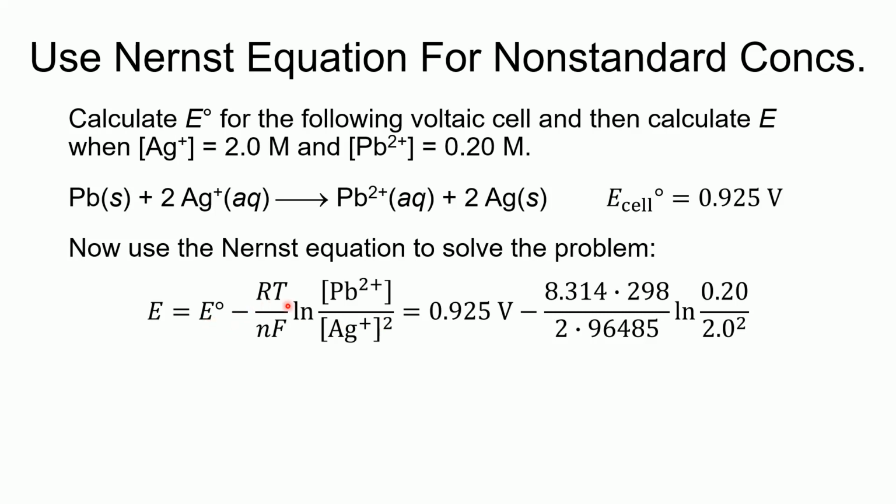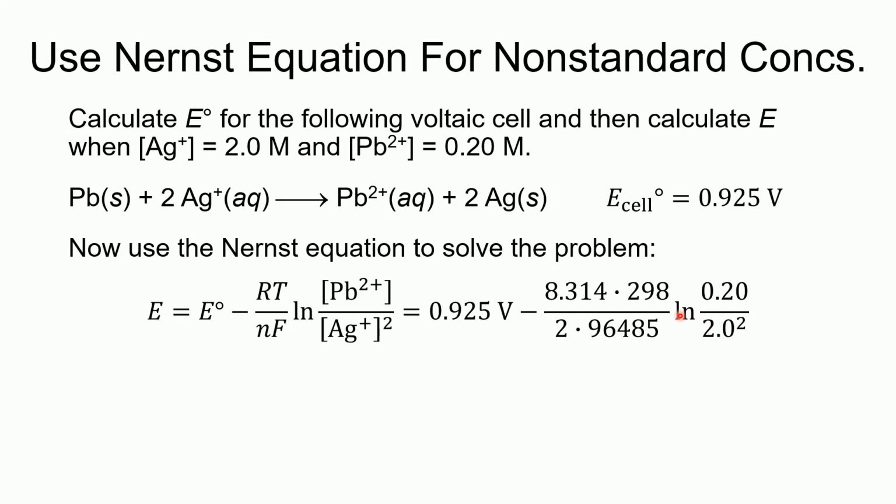R is 8.314. Our temperature is 298. It wasn't explicitly stated there, but it was 298. Our number of moles of electrons is 2, and then 96485 for our Faraday constant. And then we'll put in these concentrations that are indicated here. So we have 0.2 divided by 2.0 squared.